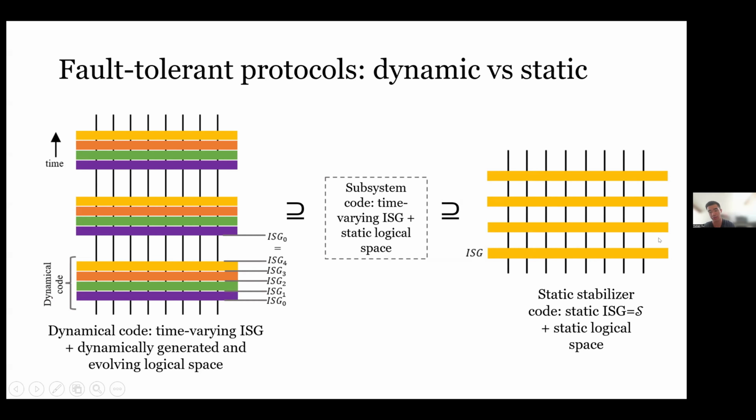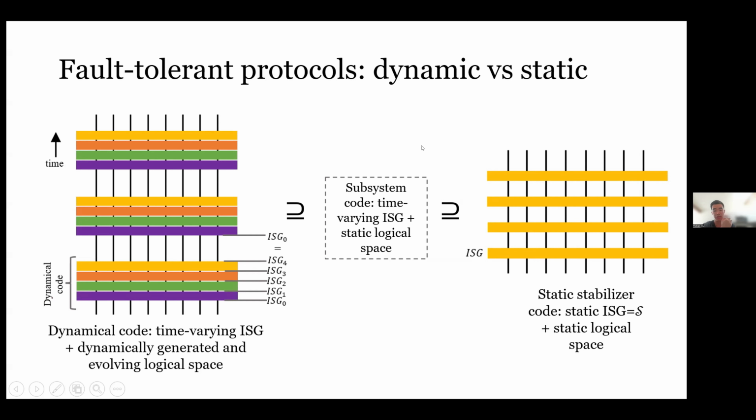The stabilizers of these physical qubits will be measured. So the physical qubits will always be in this code subspace, without error occurring, so that the instant stabilizer group is the same when time evolves.